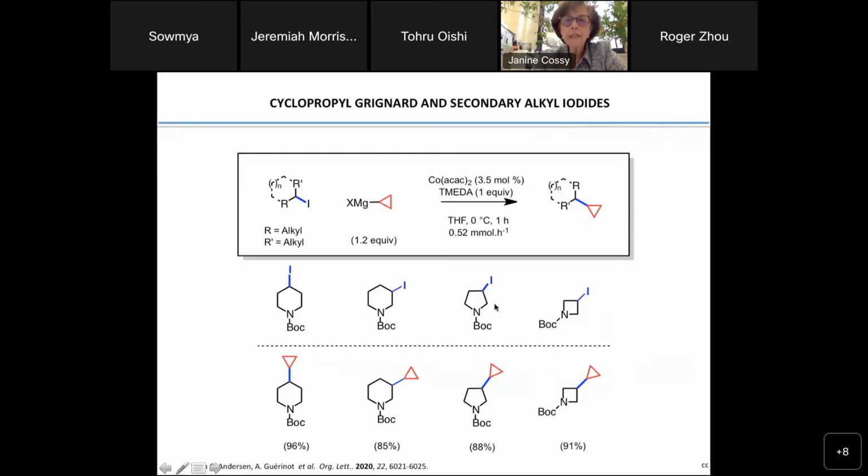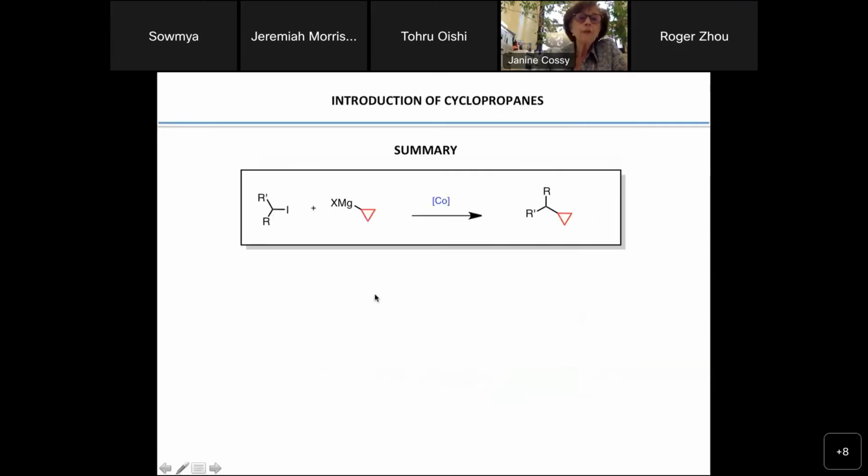With the pyridine, with the iodide, you can have also the formation of a pyridine with a cyclopropane, as well as with azetidine, you can have the formation of this product with a yield of 91%. So we can do this coupling reaction from an iodide in the presence of this Grignard and a cobalt catalyst to get the formation of the coupling product.